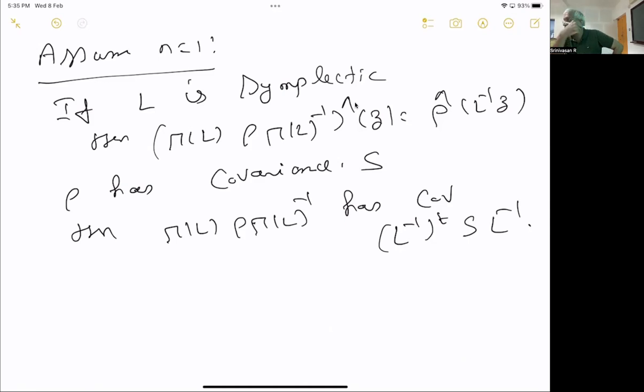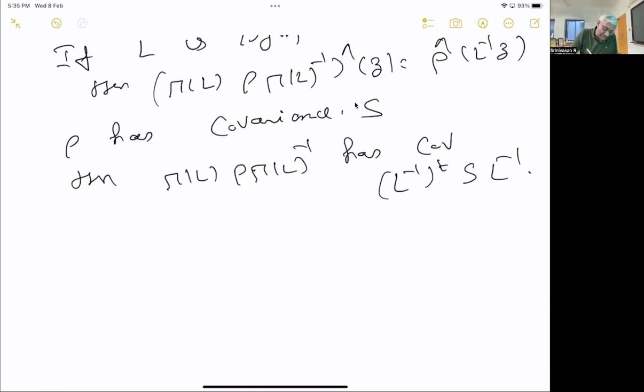Symplectic can be positive. If S is identity, symmetric would be enough. But I want a positive matrix, since covariance is always positive.